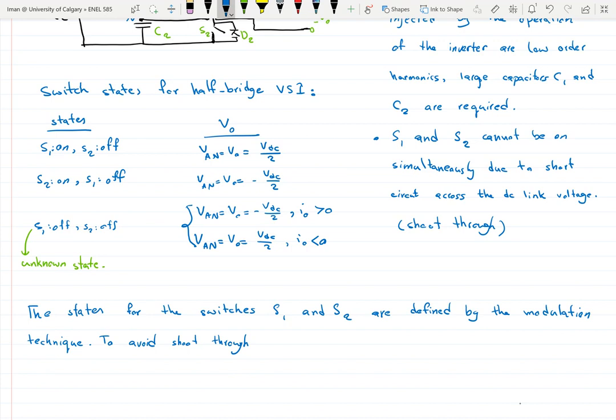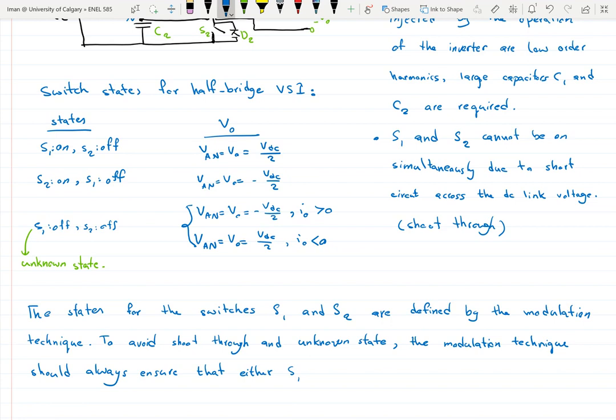To avoid shoot through and unknown state, the modulation technique should always ensure that either S1 or S2 is on.